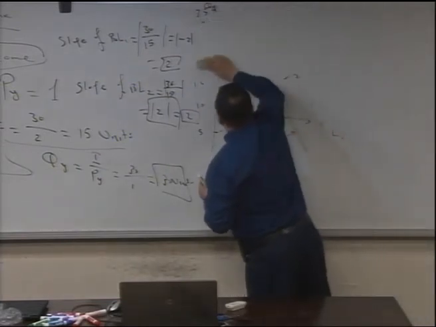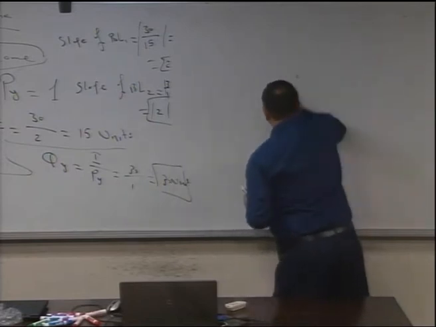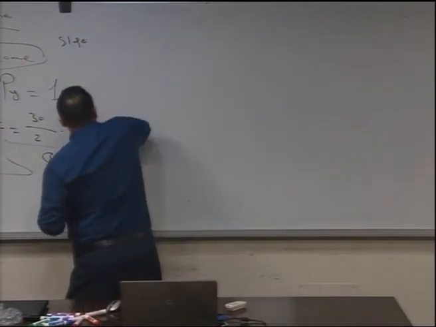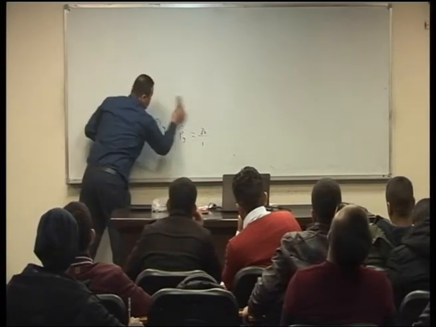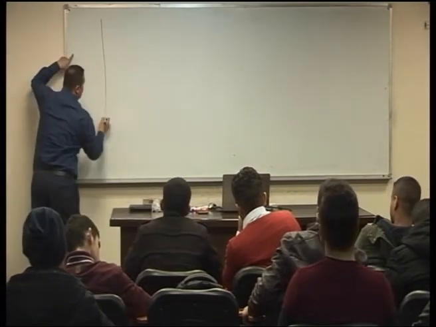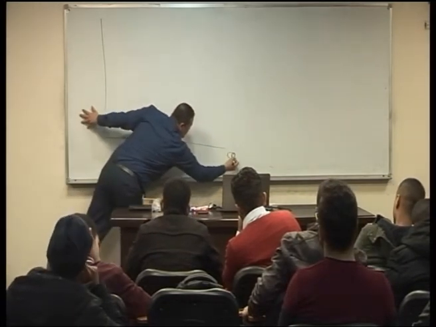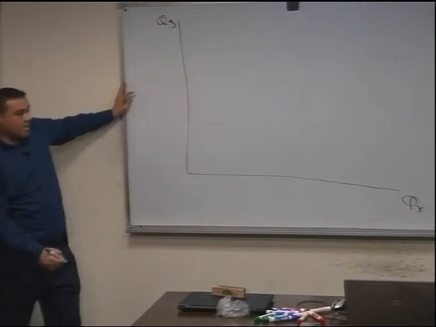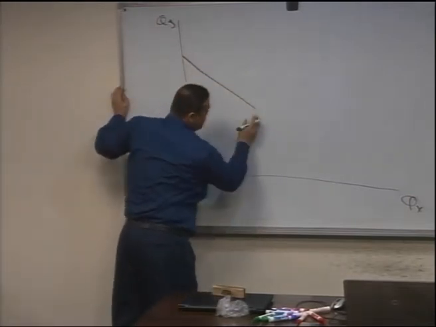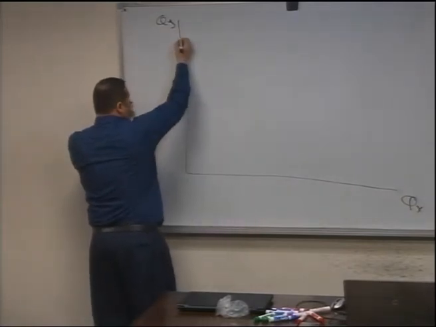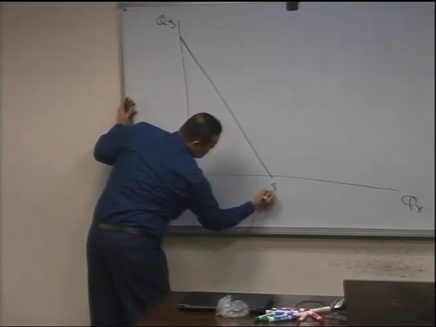Now let us assume we have the original budget line, which is as follows. This is the original budget line, quantity X, quantity Y. This is 15 and 30.